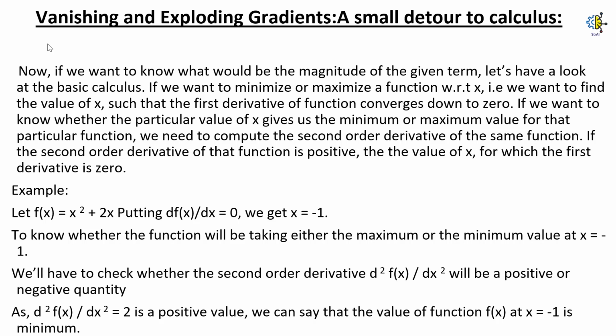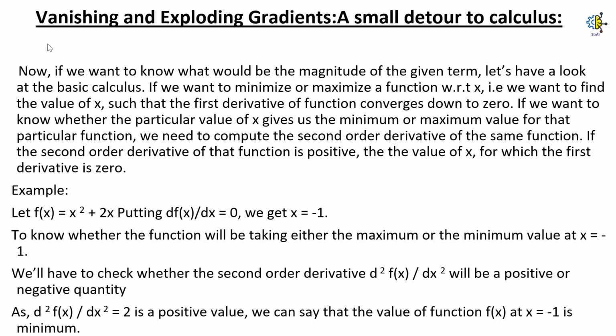Now, if we want to know what would be the magnitude of the given term, let's have a look at the basic calculus. If we want to minimize or maximize a function with respect to x, we want to find the value of x such that the first derivative of the function converges down to 0.